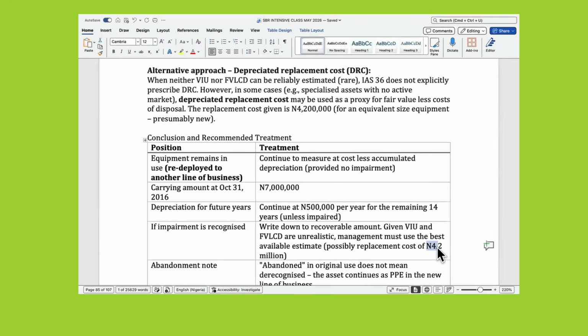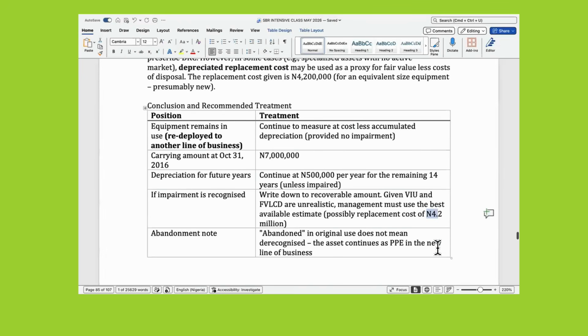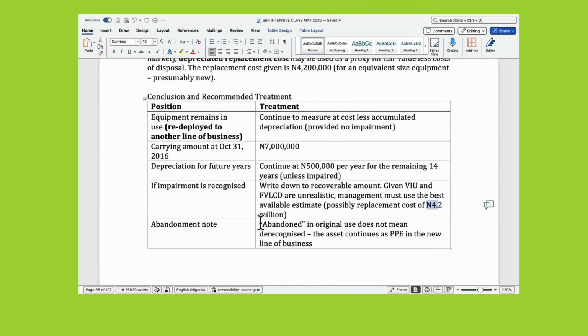So we'll write it down to 4.2 million. So there will be an impairment of 7 million minus 4.2. So note that when we say an asset is abandoned, it does not mean that the asset is derecognized or you take it out from your books or you stop depreciation. No.